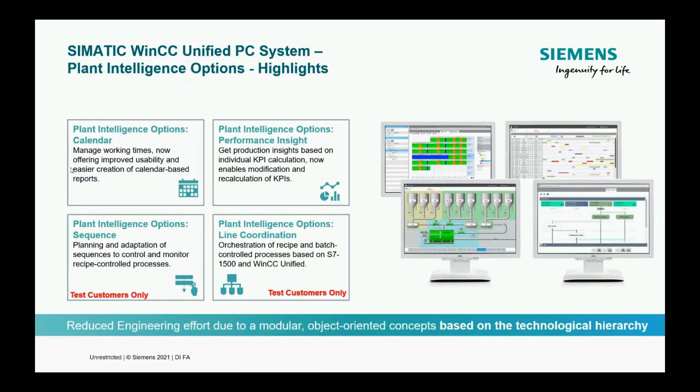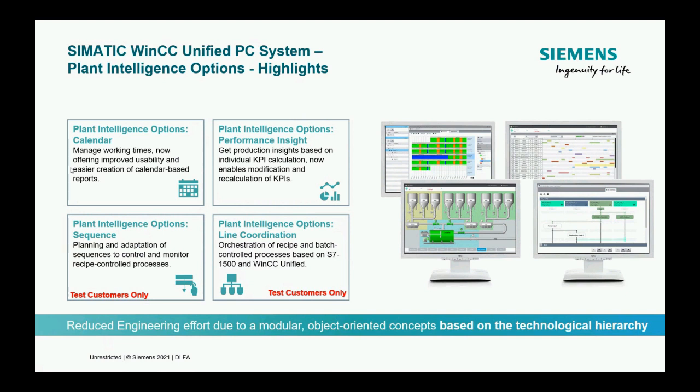First of all, the sequence option allows us to process or manage sequences directly from within WinCC Unified. So we can look at an overall process from a step transition perspective. This is something that you may well be familiar with if you work with, for instance, DCS systems. The sequence option is based on an S88 model, and it allows us to integrate SIMATIC systems, but also third-party systems as well.